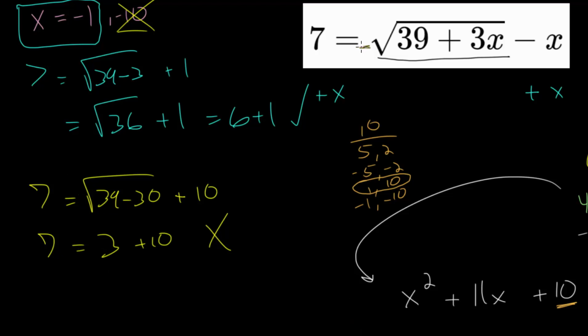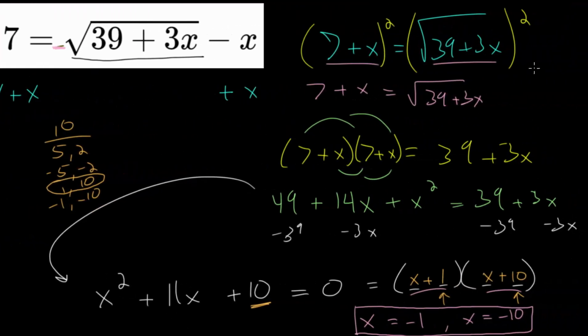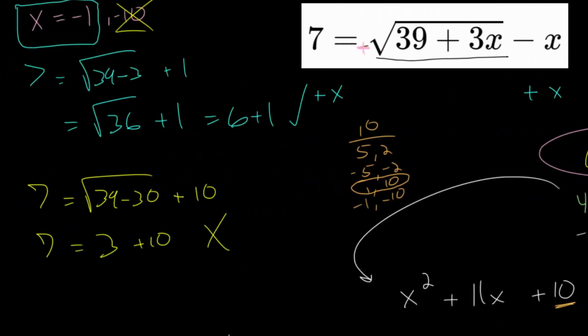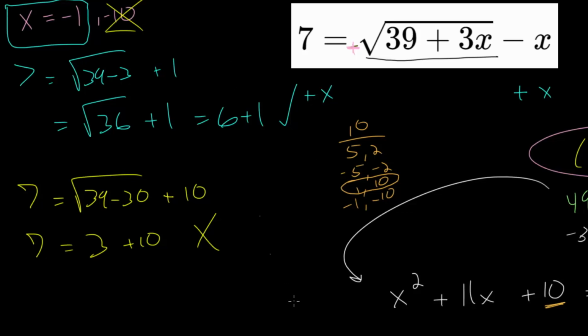And again, this just comes from the fact that if this was negative, then when we square everything, we cancel out that negative and we end up with this equation here, which is the same that we got when this was a positive value. So with these square root equations and equations in general, it is necessary to check your solution if you want to be confident that you actually got the right answer.